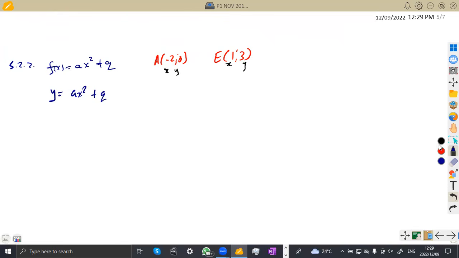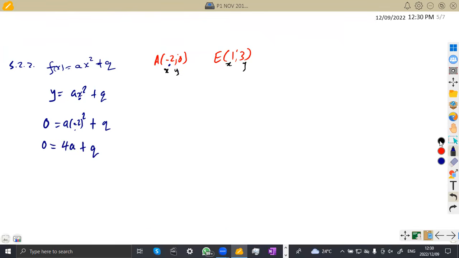So let's substitute point A, where y is equal to 0 and x is equal to -2. In place of x, this will be (-2) squared, so we have a times (-2)² plus q. There's nothing to substitute for q. So 0 is equal to (-2)², which is 4, so it is going to be 4a + q.